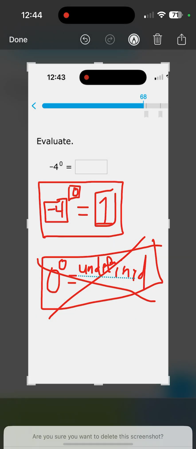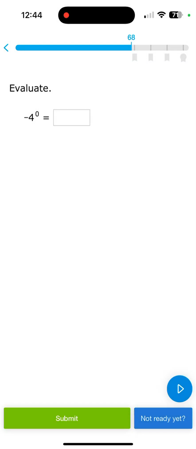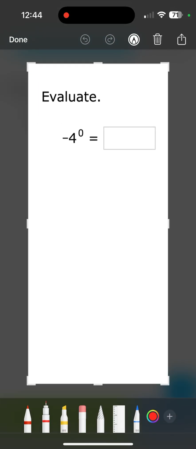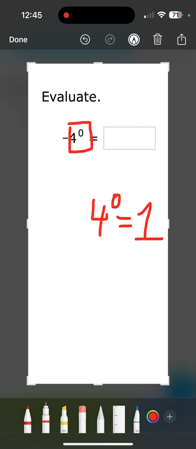So, you know what? Actually, there's a little bit of a trick here because the -4 is not in parentheses. All right? So the power 0 is acting on 4. So it's 4 to the power of 0, which is equal to 1.